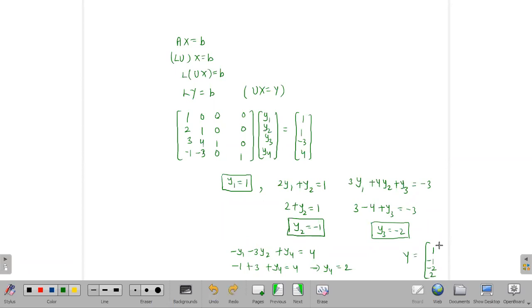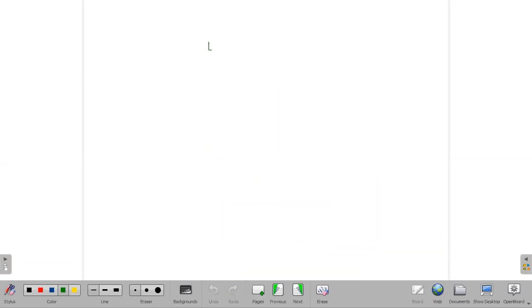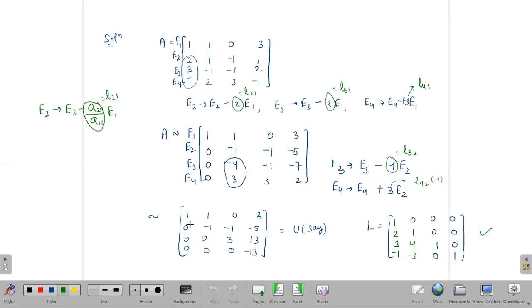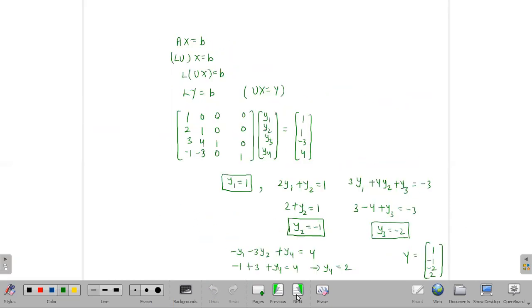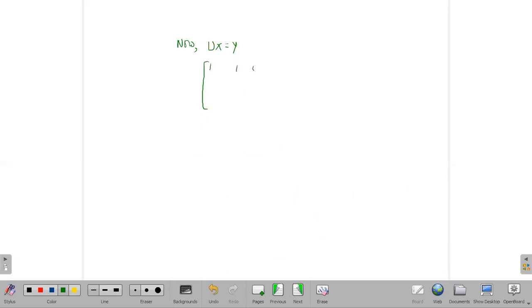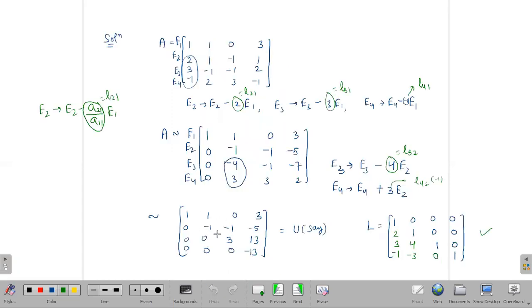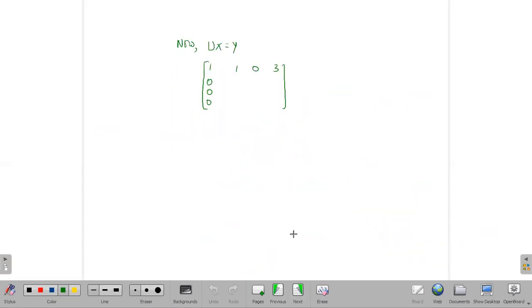So put y here, Ux is equal to y. So now we have Ux is equal to y. So U was 1, 1, 0, 3. This column was 0, -1, -1, -5, 0, 0.